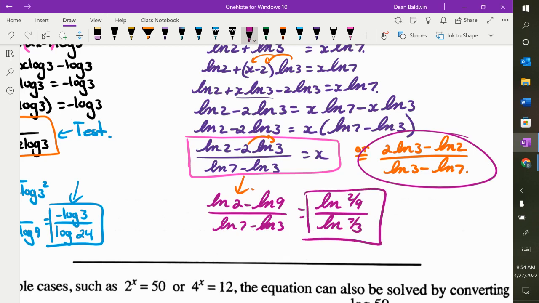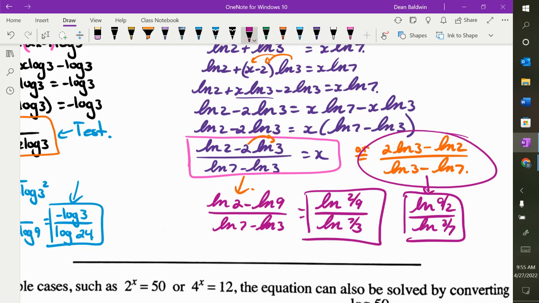That's about as far as you can go. And if you did the orange one, the fractions would have been flipped. If you did this one, you would have gotten natural log of 9 over 2 divided by the natural log of 3 over 7. Every one that has a circle or a box around it is the same answer, just rewritten in a different form. Okay? Any questions?